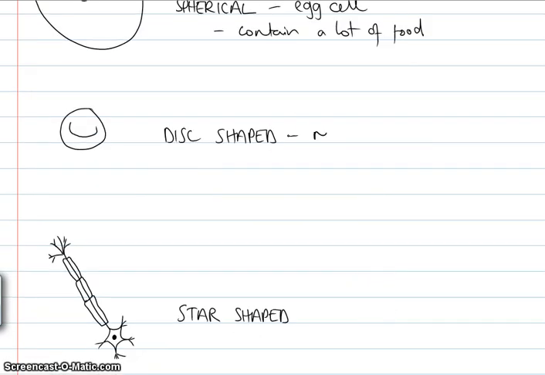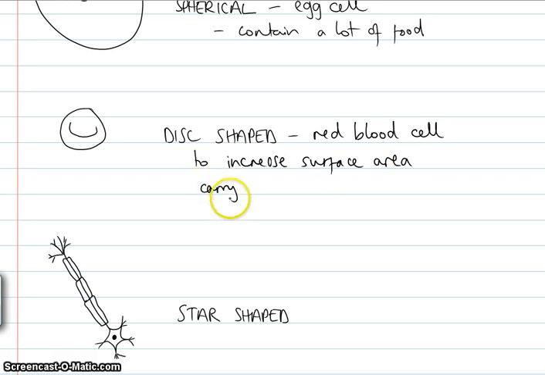These are red blood cells. I haven't colored it this time, but this is a red blood cell, and it is disc-shaped. We talked about this earlier. It's disc-shaped to increase the surface area, and the increase in surface area means it can carry and be exposed to more oxygen.